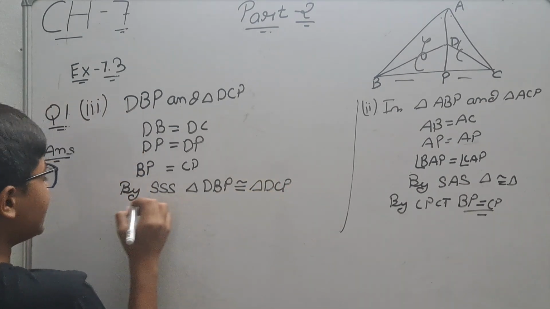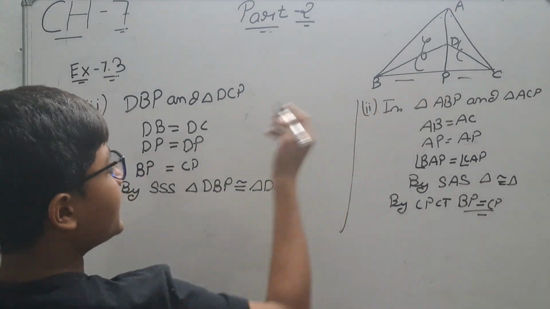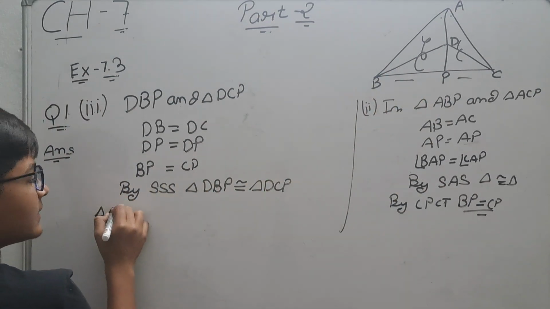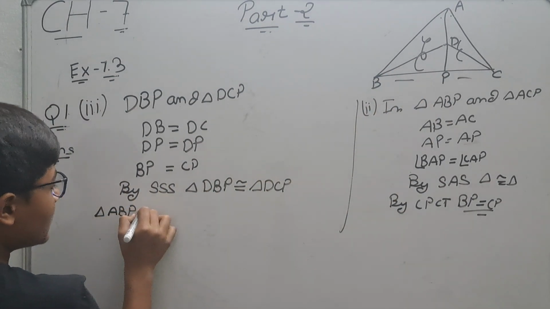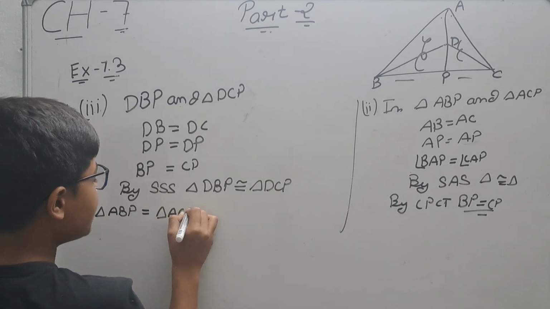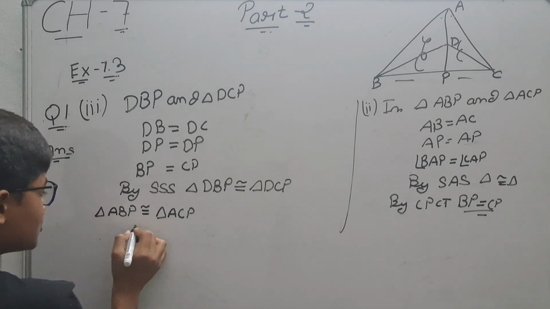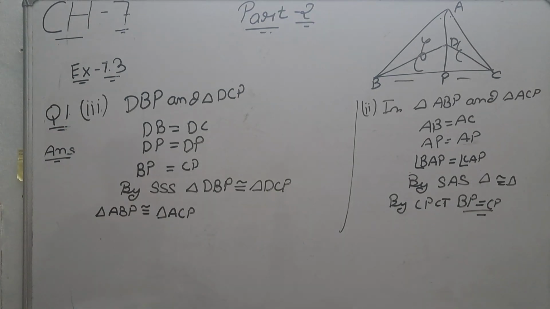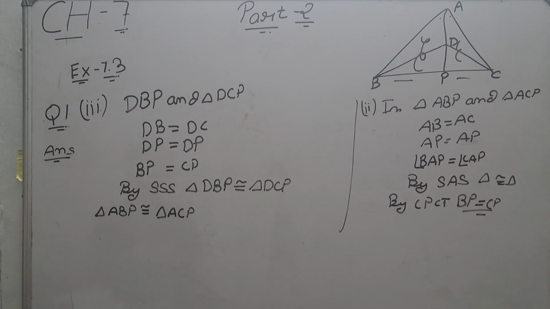Now, as we have proved in part 2, triangle ABP is congruent to triangle ACP. So from this, is it visible or not? I am confused. Let's wait for a moment. Okay, it is visible.